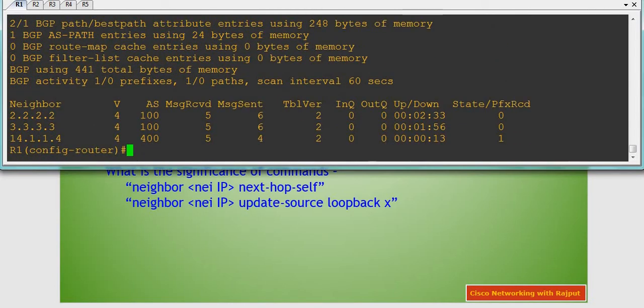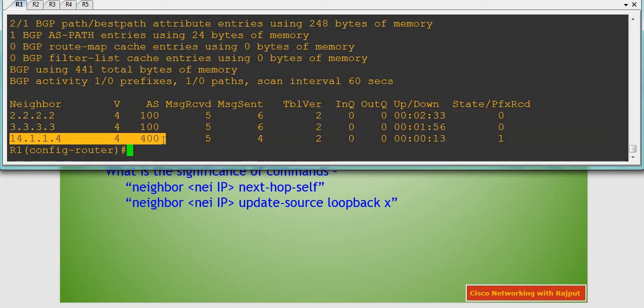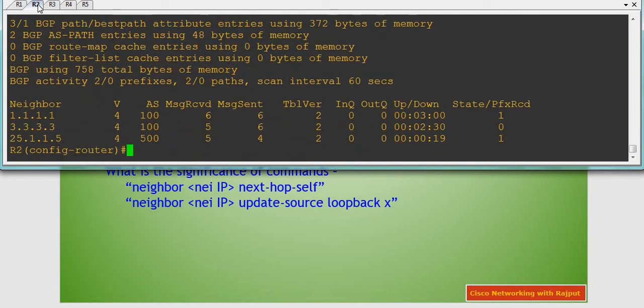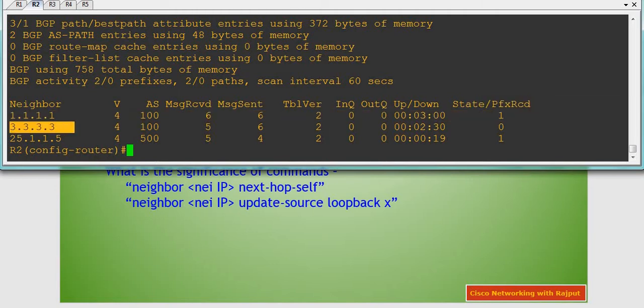Okay. On router 1 we see all the 3 neighborships are up, 2 iBGP and 1 eBGP with router 4. And from router 4 we are learning one prefix. Router 2 as well, it's learning one prefix from router 1, from 3 nothing, and from 25, it's learning one prefix.